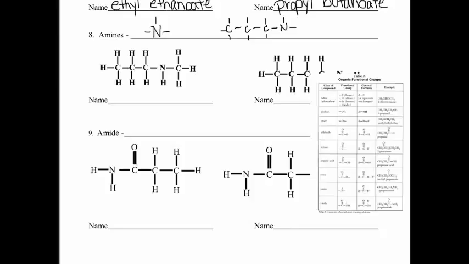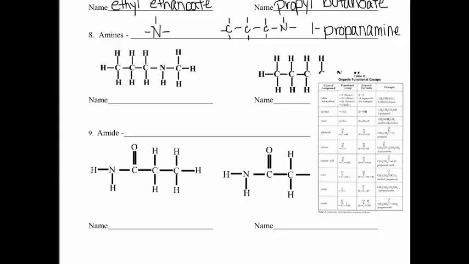And then when you look at the name, it says 1-propanamine. So that prop part, or propane part, comes from the fact that we have 3 carbons. So that's the propane. Drop the E, add amine. Okay, and then it says it's 1-propanamine.